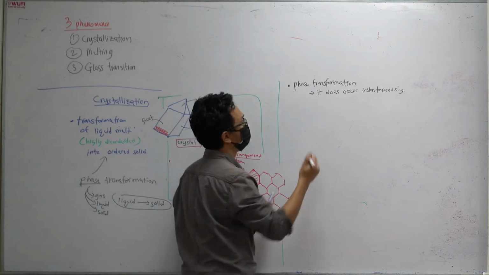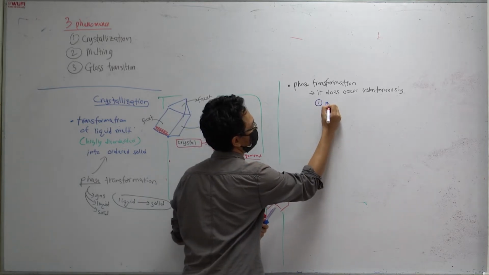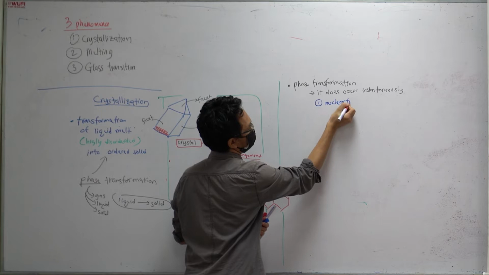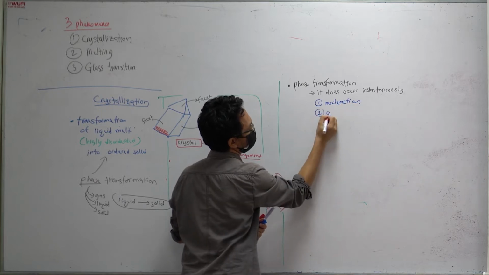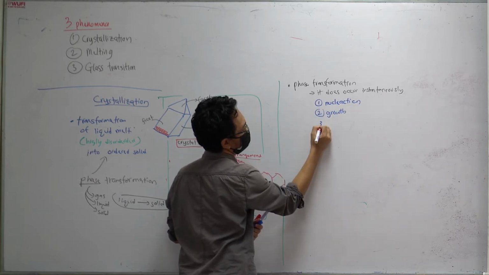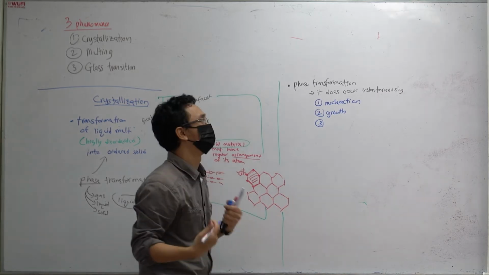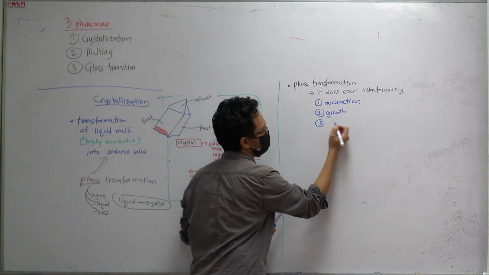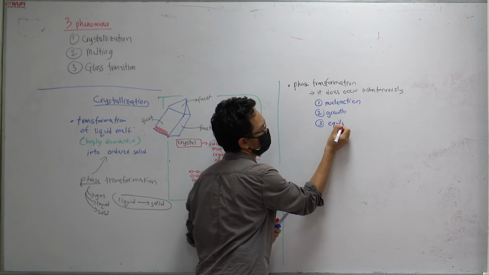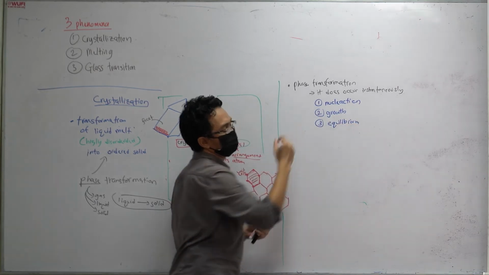They will need a nucleation, and then followed by the growth, and then followed by the equilibrium, the termination. What does it mean by nucleation?